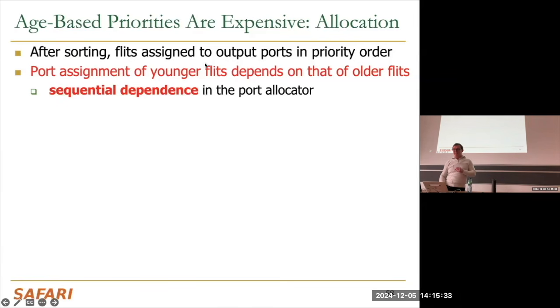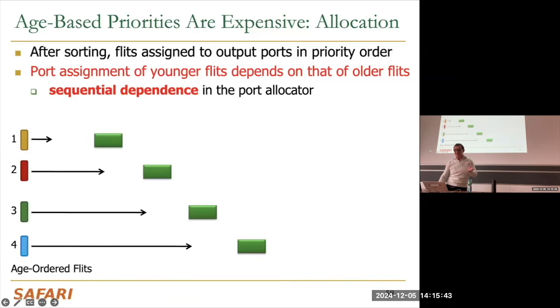This means that the ports assigned to younger flits depend on what has happened to the older flits, right? So there's some sequential dependence in the port allocator. Let's take a look at that. The first flit, the one that is determined to be the highest priority, oldest, requests east. Will it get east? Yes, because nobody else requested east so far. This is the highest priority. This is the job of the port allocator.